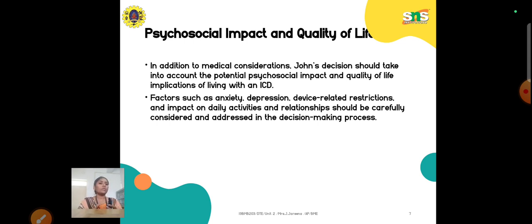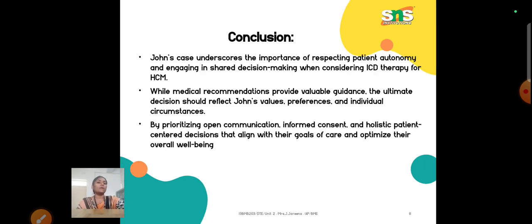So it automatically affects one psychologically and the quality of life also. These factors also have to be considered when taking the decision about whether to go with implantation or not.